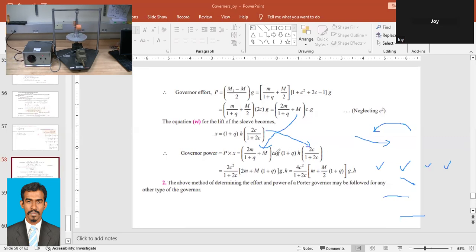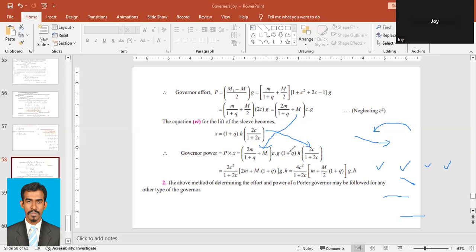2c into this c, that is 2c squared upon 1 plus 2c into (2m upon 1 plus q plus M) into (1 plus q), because this is entirely multiplication, right? So you can multiply it just to bring it to a kind of format to arrange.